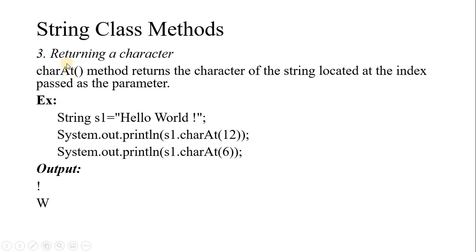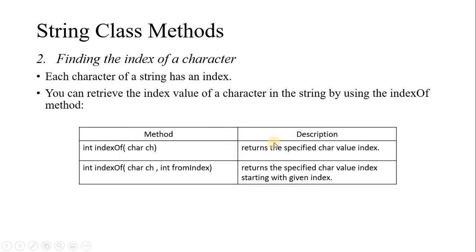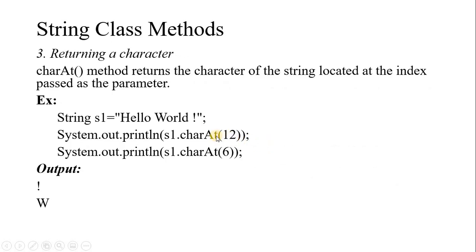The next method is called charAt. The charAt method is like index: what is the letter at a location? The previous one, we give the character and it gives the index number. But here we give the location number, and it tells what the character is. It's the reverse of the previous.